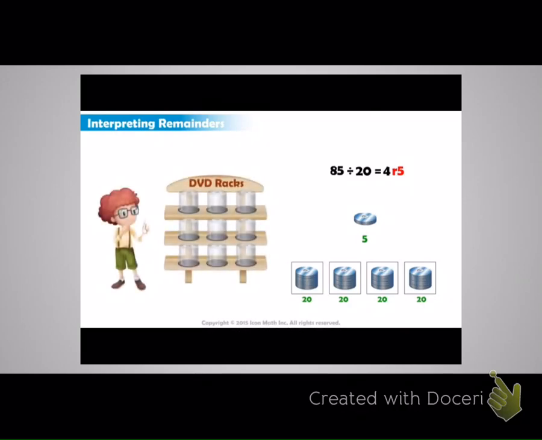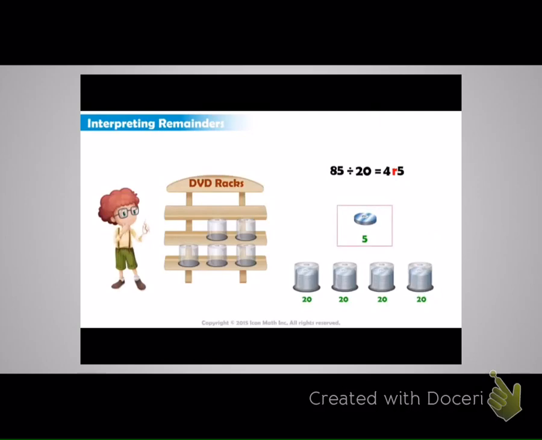So how many DVD racks must Alex buy in order to ensure that all 85 DVDs are on racks? If Alex buys 4 racks, he will be able to have 4 full racks with 20 DVDs on each.